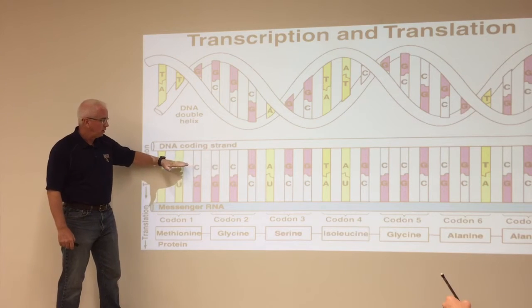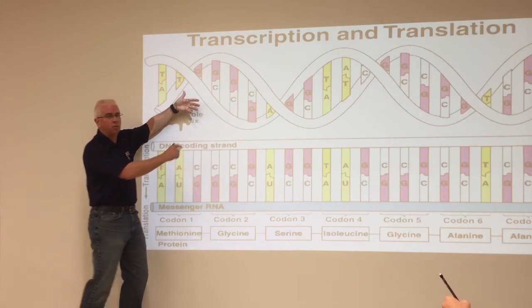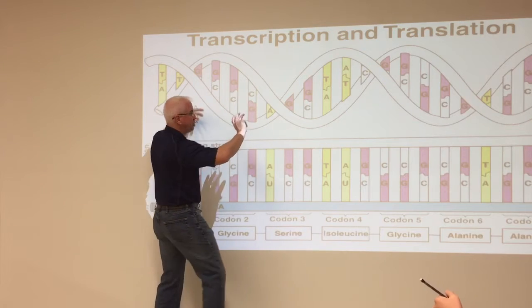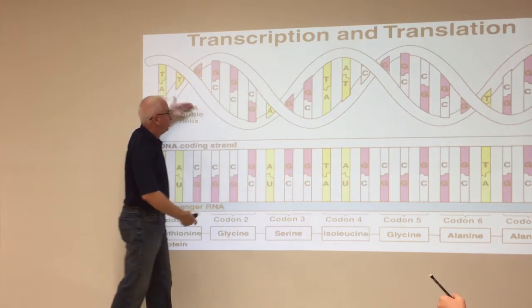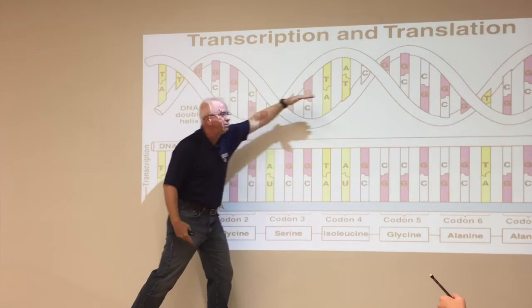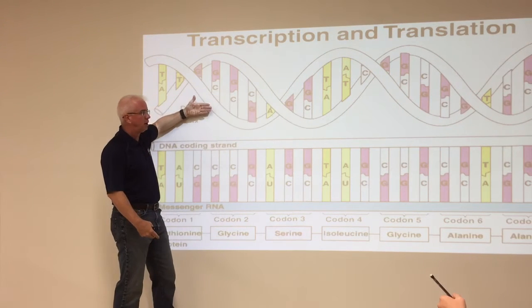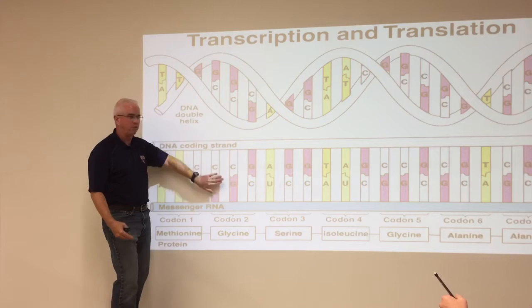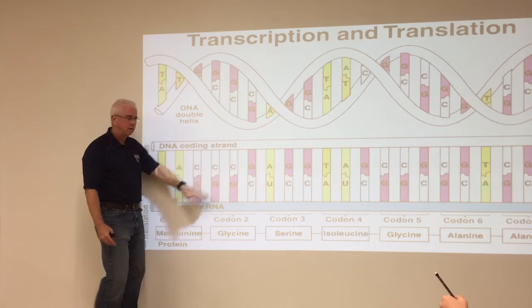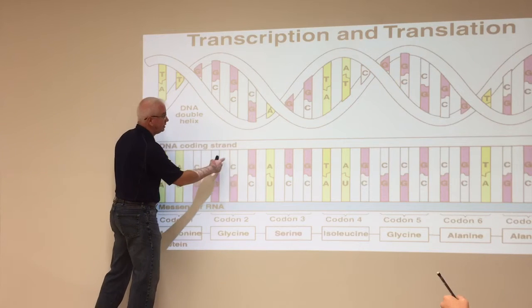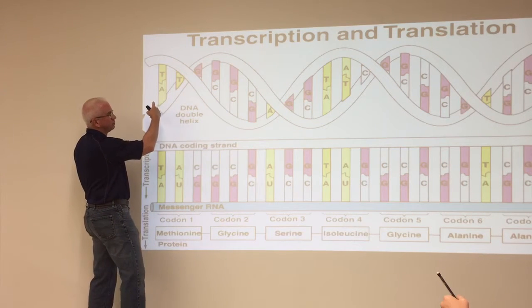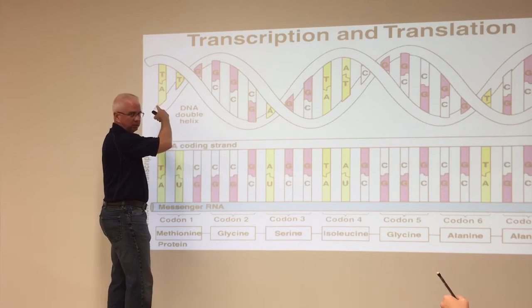So on this picture, this is labeled the DNA coding strand. What I essentially did, in this image, was uncoil this molecule, cut this part out right along the hydrogen bonds, and flip it over. So these base pairs, T, A, C, C, C, would fit here if it was in the right order.